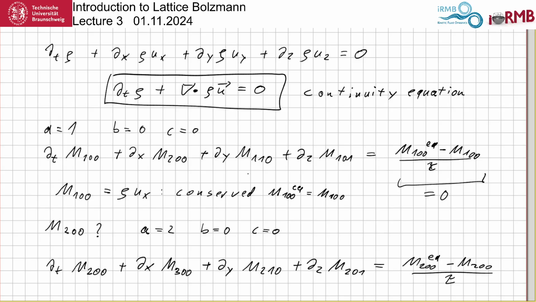So somehow that means that every time you go one up, you need the next higher one. In order to get the lower, you need the higher.